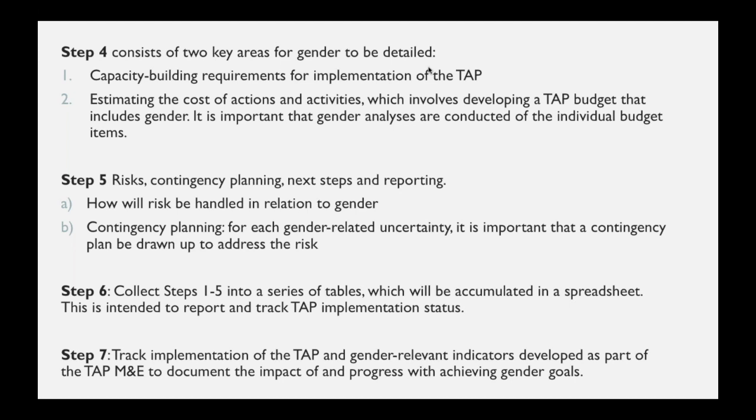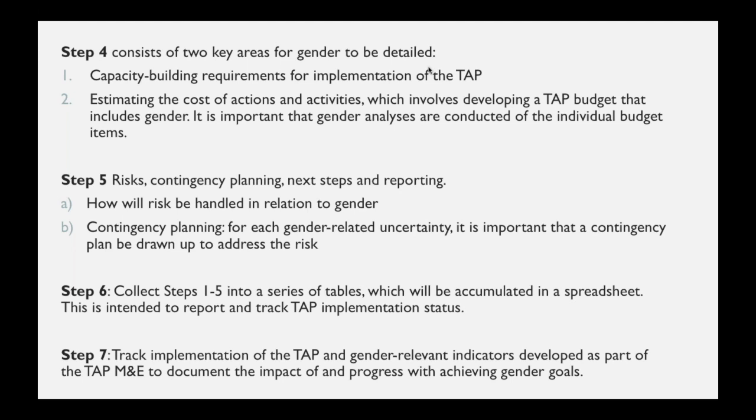And then after that comes a somewhat simple task of collecting steps 1 to 5 in a series of tables, which can be accumulated in a spreadsheet and developed as part of the further TAP proposal. And that really helps to report and track the implementation status.